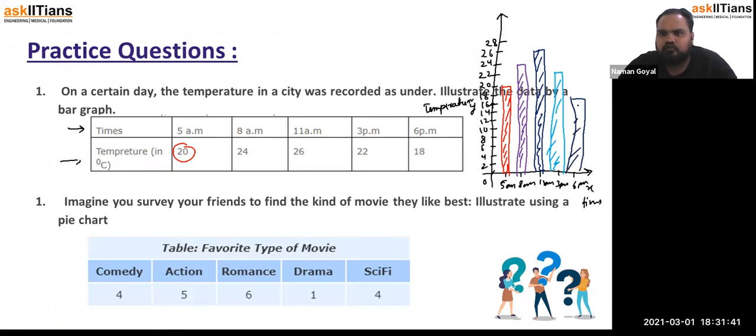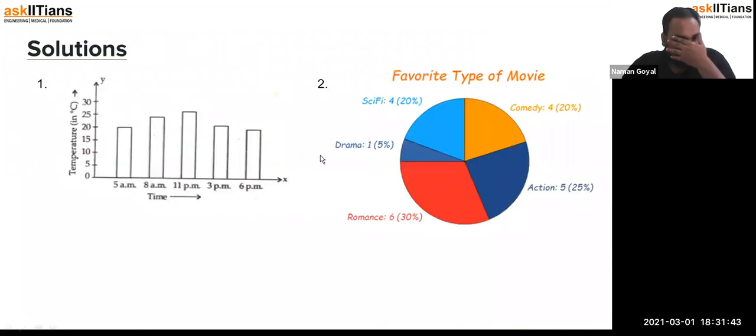So this is the graph we got. If you see, this is the proper bar graph. You have to draw the bar graph on graph paper. If you draw the graph on graph paper, you will definitely get equal breadth, uniform width.